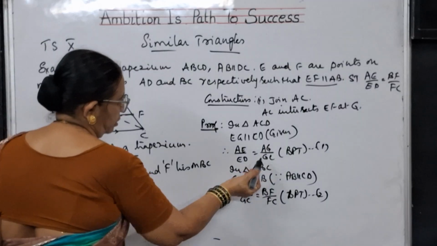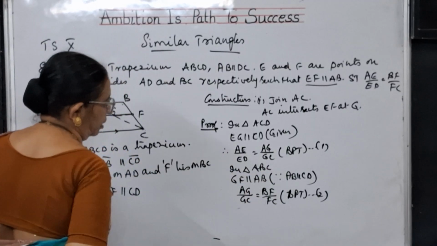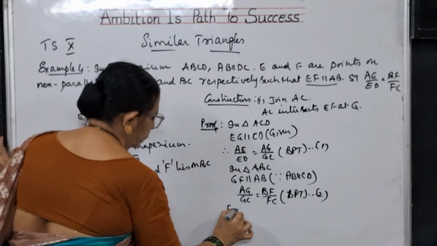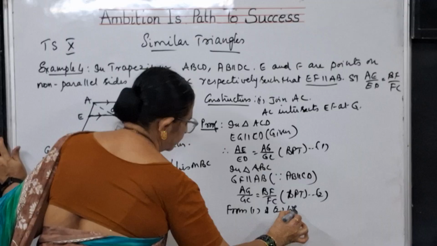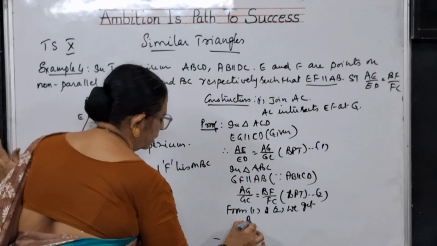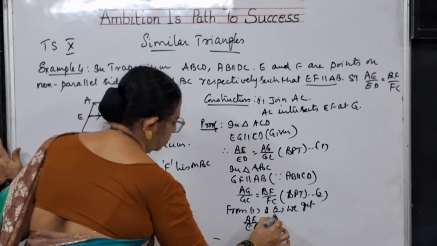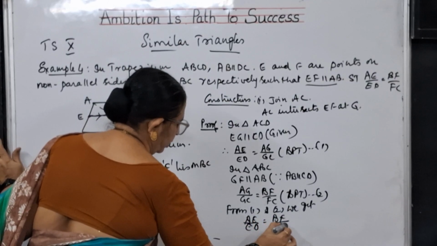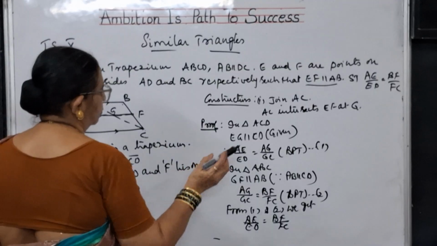So you see children, in these two AG by GC are the same. So from 1 and 2 we get AE by ED is equal to BF by FC. This is what they have asked us to prove.